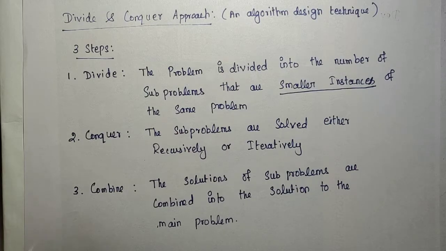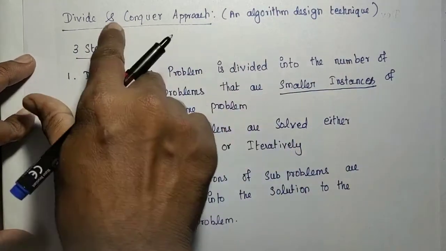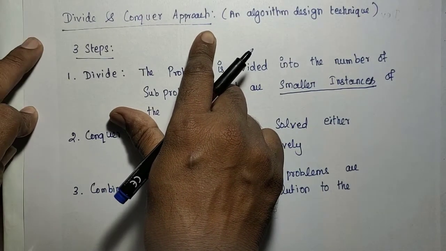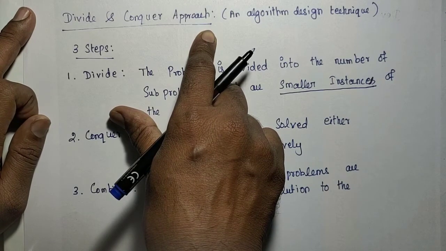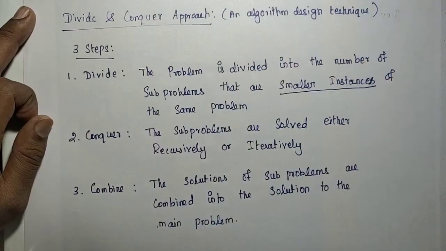Compare n squared and n log n: which is best? n log n is the best. So these are the three steps involved in the divide and conquer approach. If you apply this approach for solving a problem, your complexity will be reduced, and it is possible to solve problems in logarithmic time.